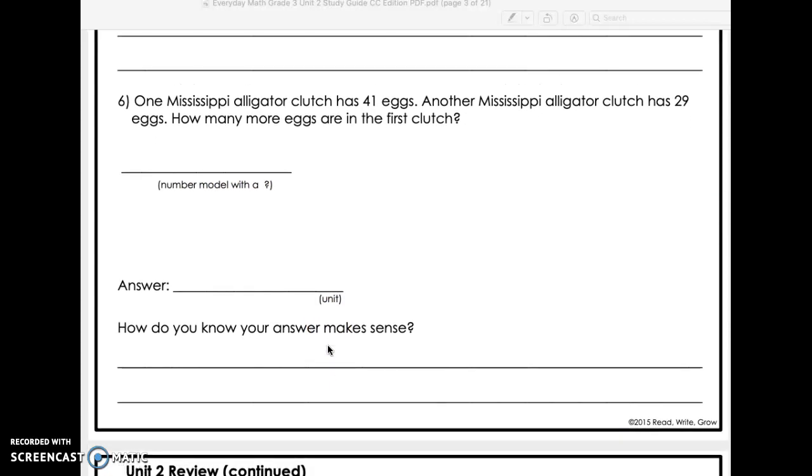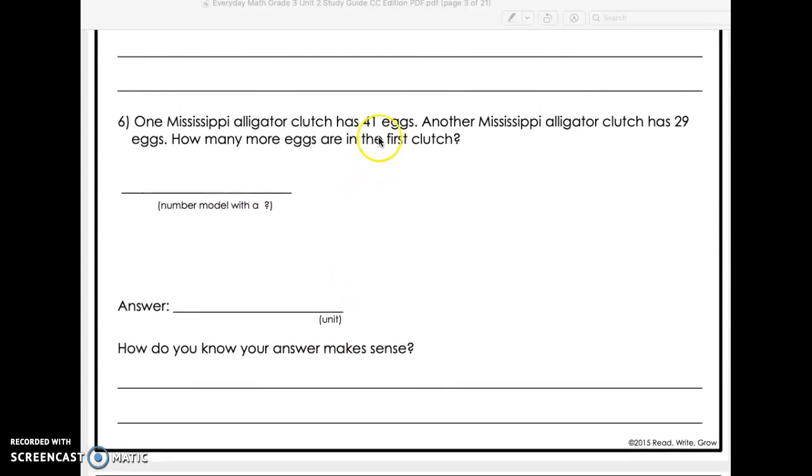How do you know your answer makes sense? Well, there are 41 eggs and there are 29 eggs. So your answer should be less than 41 because they want to know how many more.